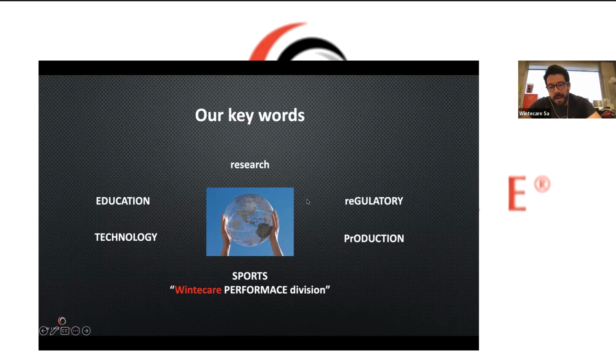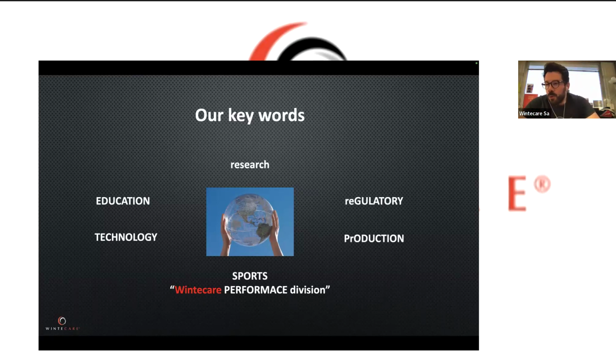Then regulatory is connected to research. Why? Because nowadays, if you want to certify a product as medical, you have to come up with the evidence that your product is actually effective in the fields of application that you are claiming in your documents.